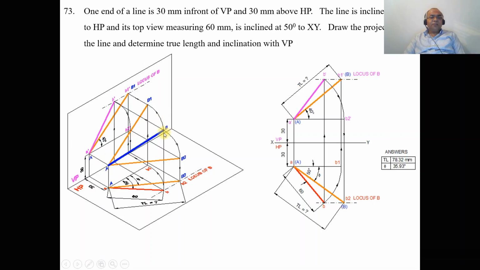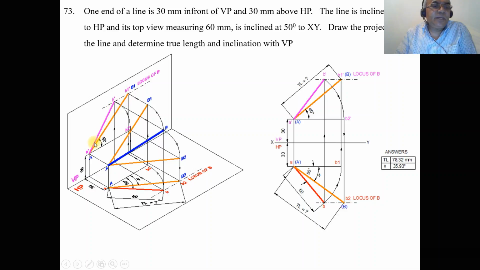As we are rotating this, the image is also getting rotated. This is the line which is in space. Now how do we find this? As we have got the point, how will we get this point now? You draw a vertical projector from B to the X line here. Again you draw a vertical projector from here so that it cuts the locus of B in the front view, and you mark this point as B dash.